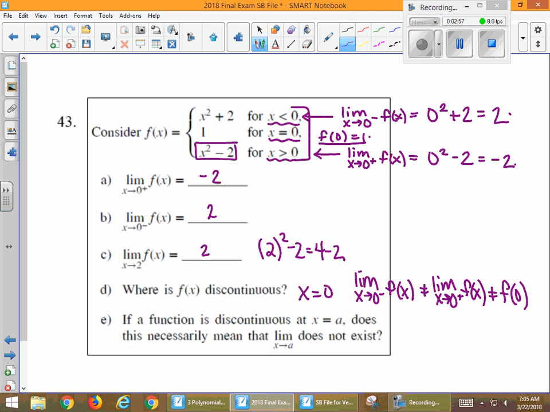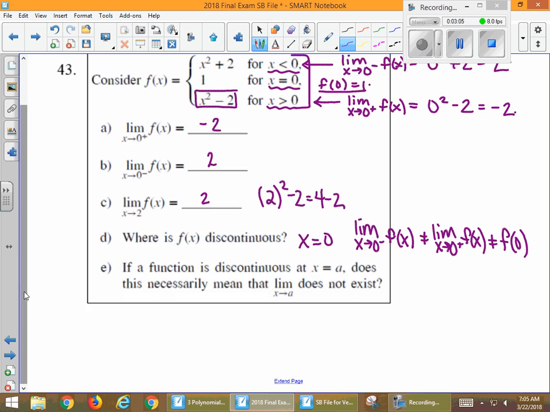All right, part E. If a function is discontinuous at x equals a, does it necessarily mean that the limit does not exist? And that answer is no. The limit could exist, but your value of the function could be different.